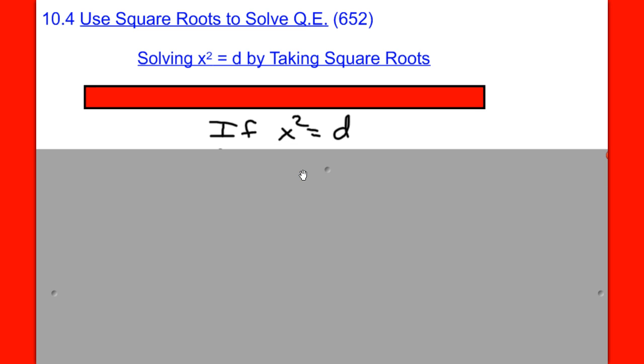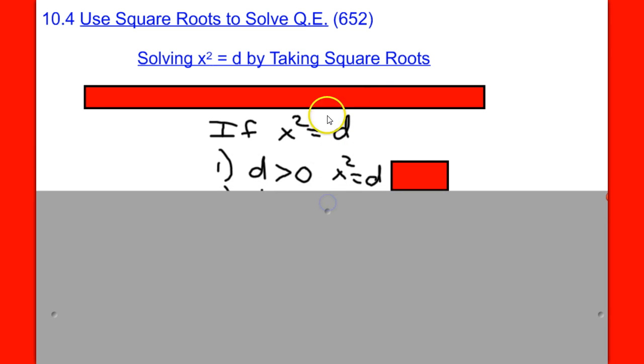So there's some different things that could happen, right? If we take the square root of x squared, we get x. If we take the square root of d, what are our possible solutions? Let's see. If d is greater than 0, so if d is a positive number, like, let's say it's 4.